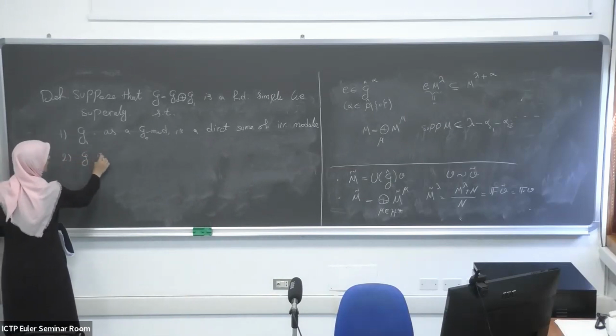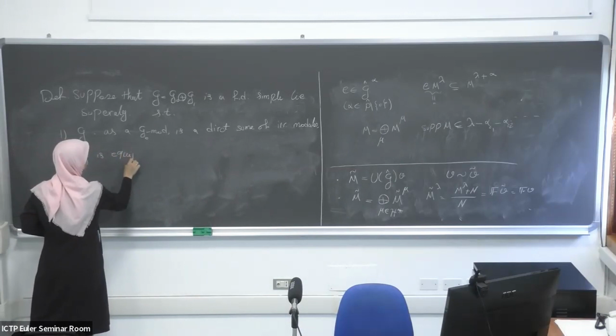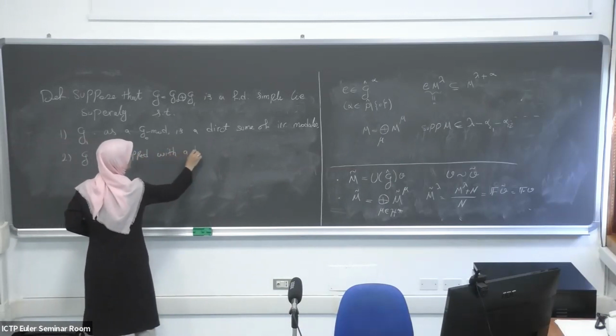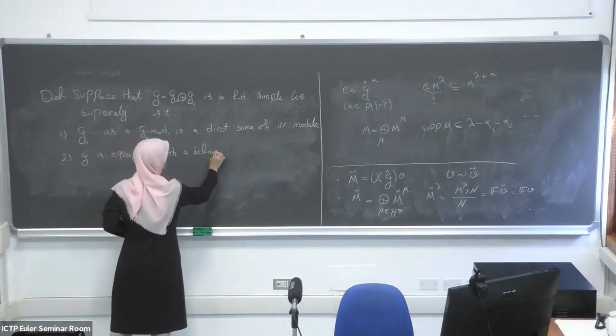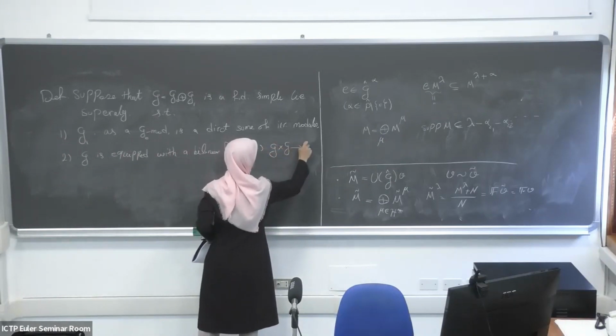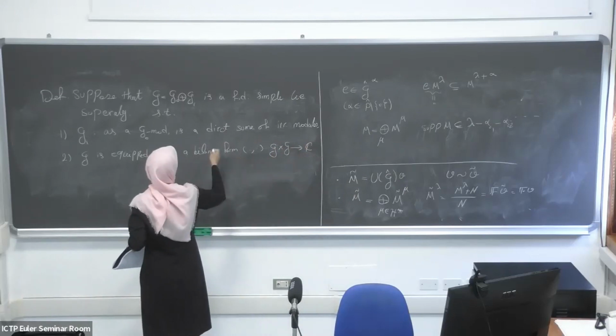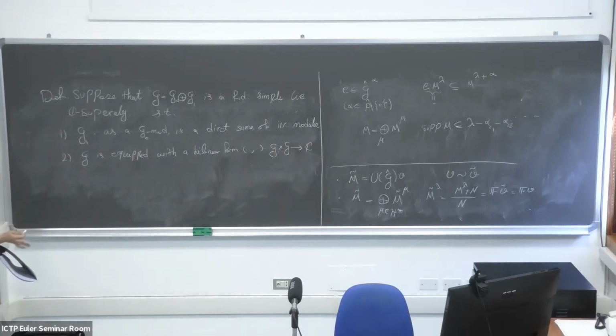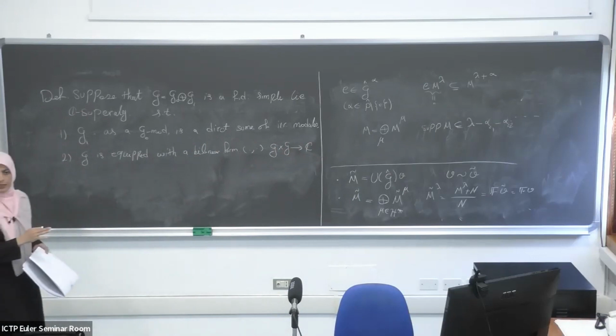G is equipped with a bilinear form, and let's work with C. There is no difference between C or an algebraically closed field of characteristic 0.